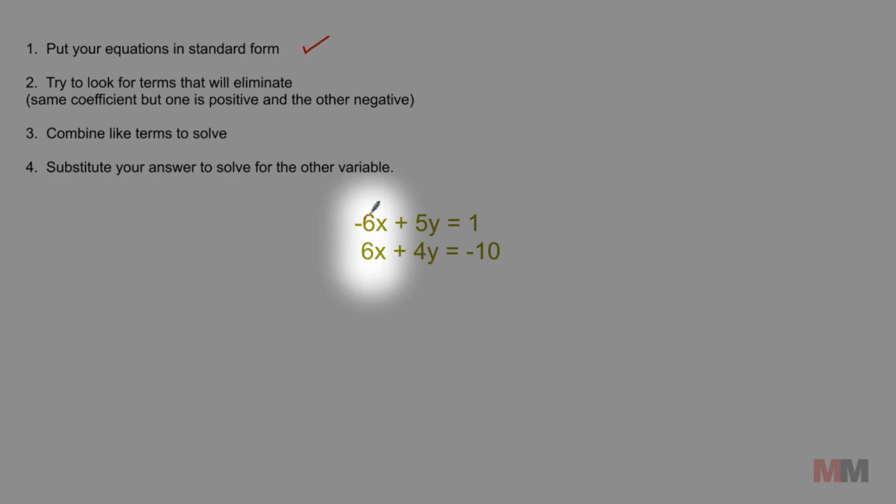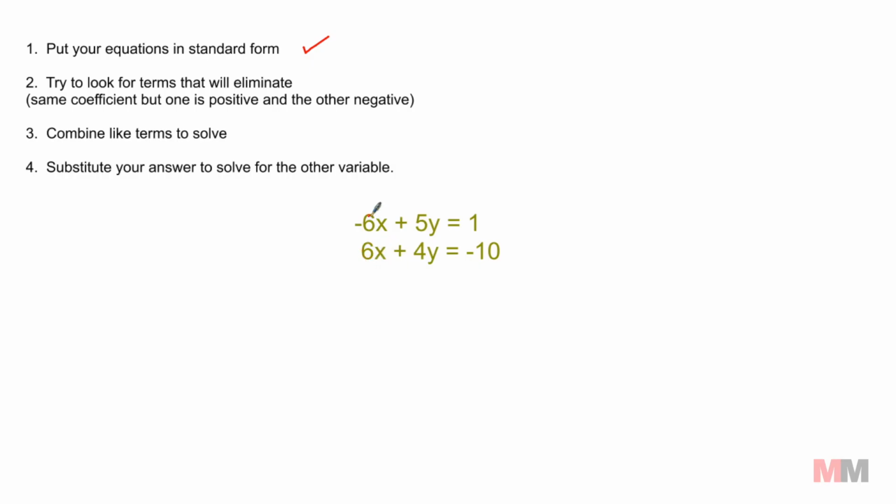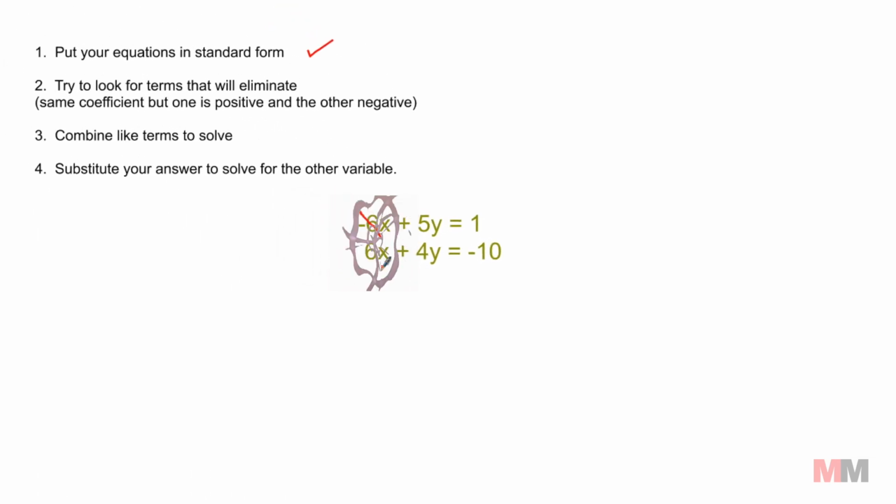If you have a negative of a number, adding it to the positive of the same number, like they're both 6's, but one is positive and one is negative, it's going to cancel, because if I add them, it's going to equal 0. And then combine 4 and 5, 5 and 4, that is 9y. 1 and negative 10 is negative 9.